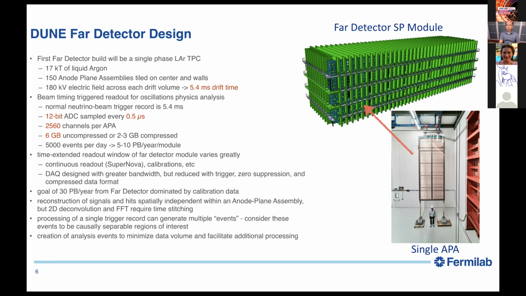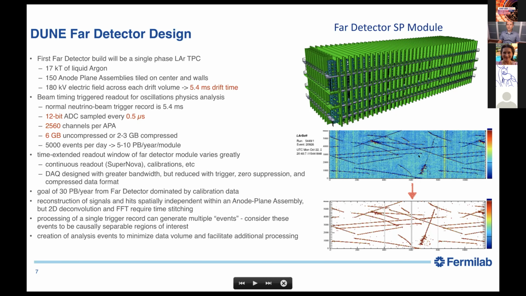So what do we have to do with this actual raw data that's coming out of the liquid argon TPC? Well, we have to take these raw signals that we can see up here at the top, and then we need to run our reconstruction over it to remove noise, deconvolve the raw signals on the wires, and then look for the reconstruction of hits and objects inside of that.